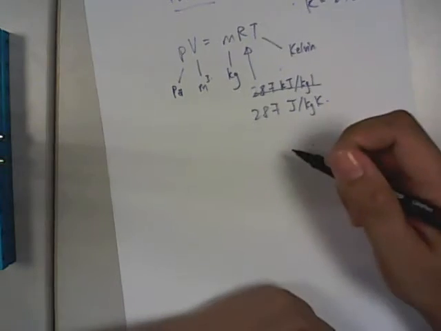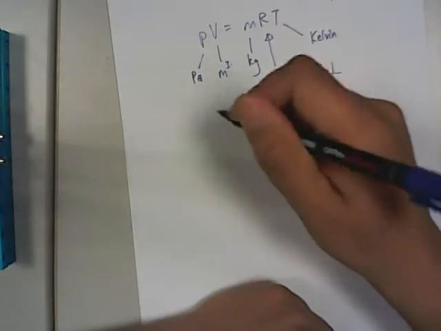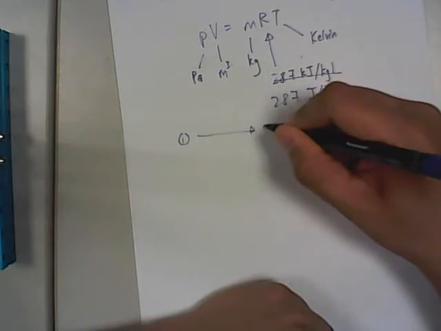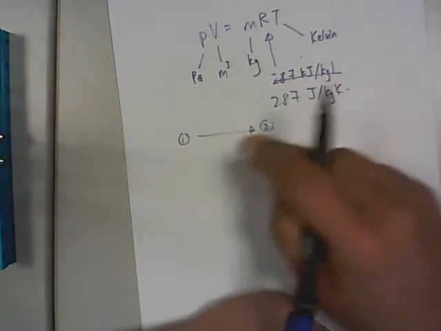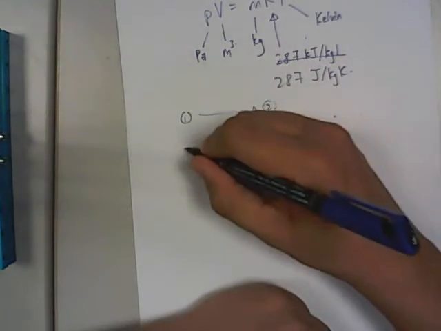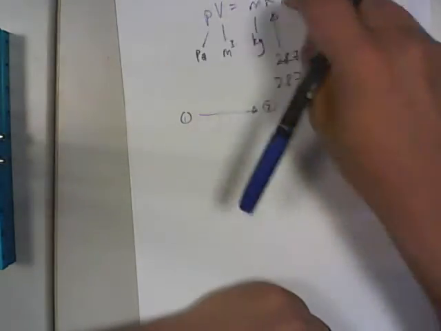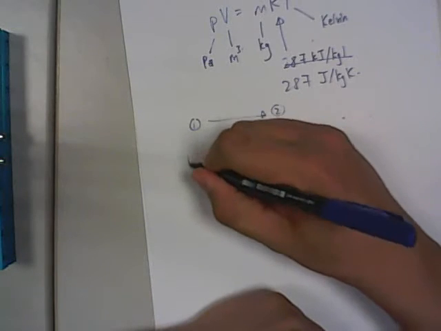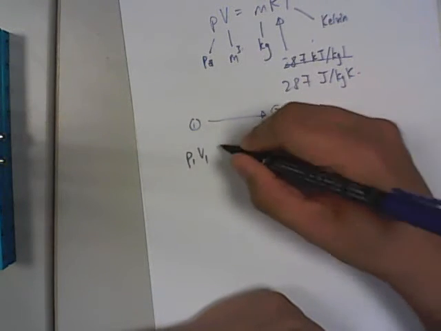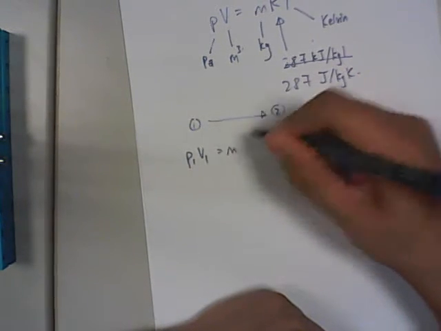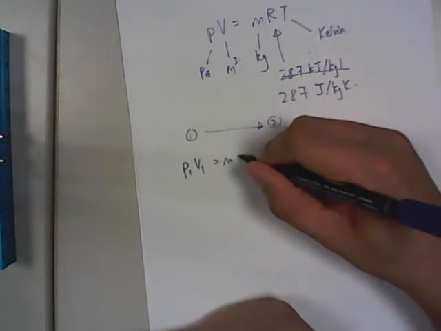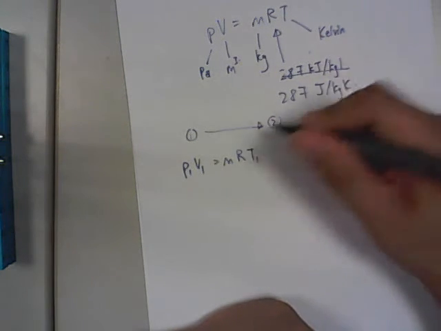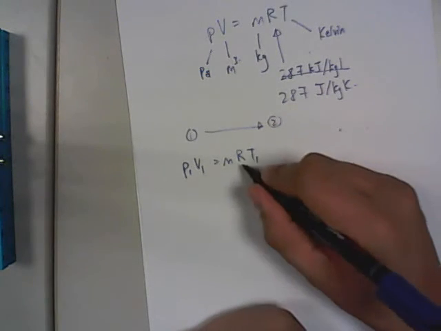Also with this, what we can say is if the gas goes from the initial state to the final state, you can shift this equation around. For example, P1 V1 at state 1, mass will not change during the whole process. R will not change, and T1 is the initial state.